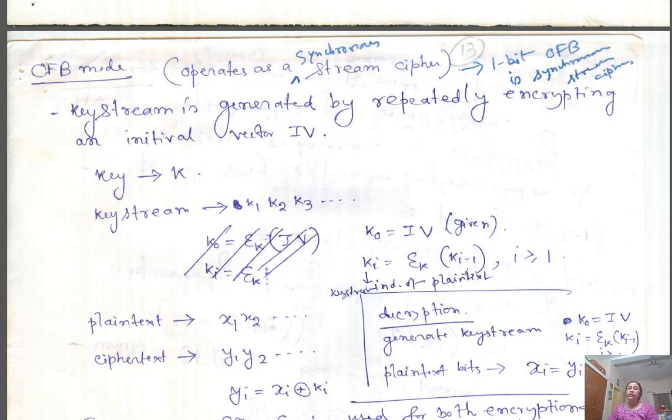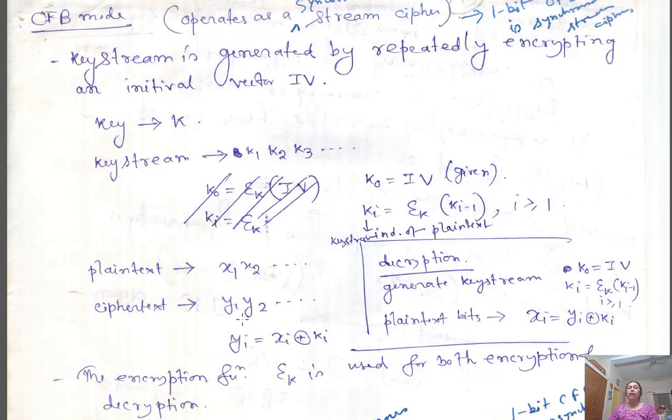So while generating the key stream, we use the block cipher, using the same key K. This initial vector is given, and you generate the key stream in this way using the block cipher.